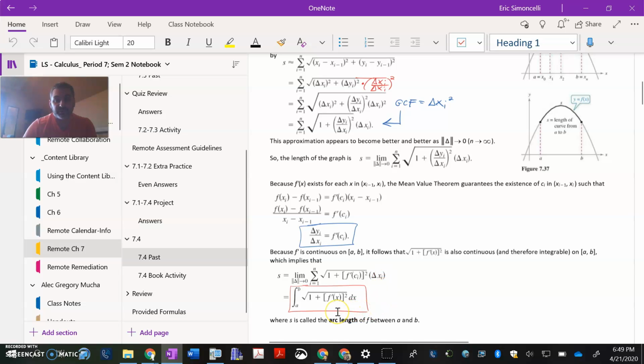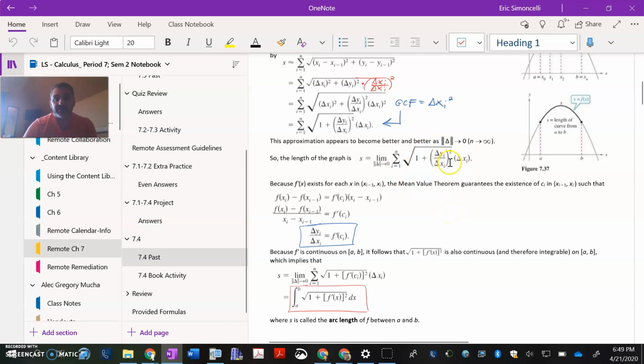Or more specifically, because we can use integrals as we now know, the integral from a to b of the square root of 1 plus f prime of x quantity squared, and then the dx replaces simply delta x sub i, where s is officially the arc length of the function f between a and b. It's quite a nice manipulation of the distance formula, quite complicated, of course, but quite nice for sure.